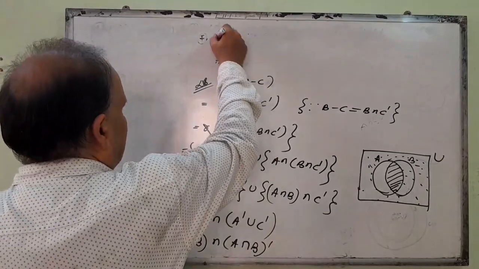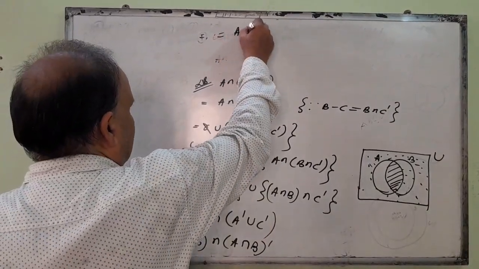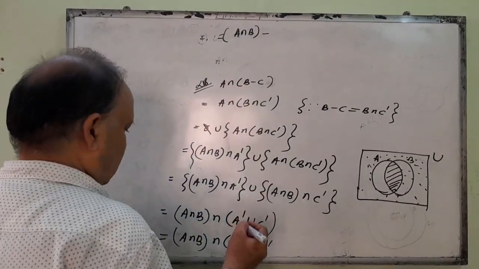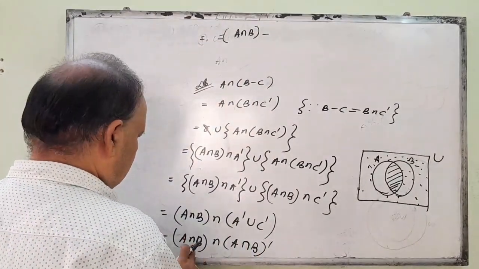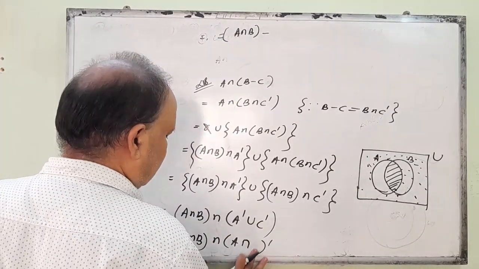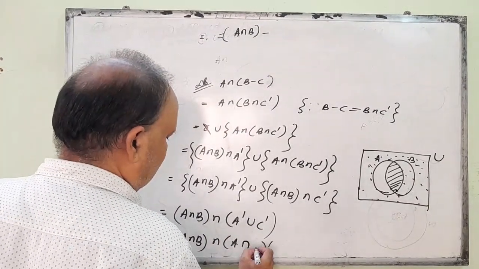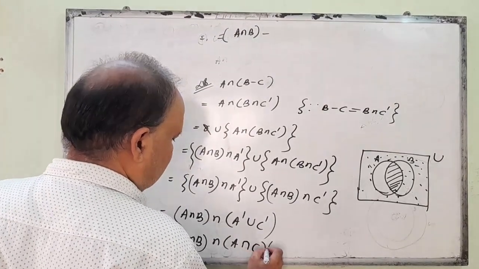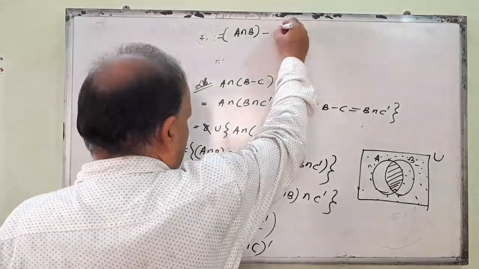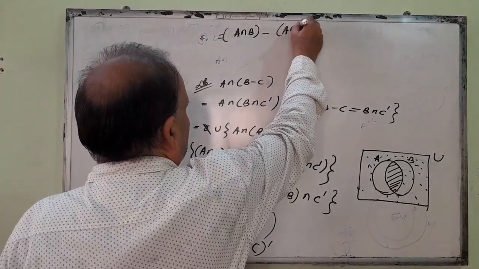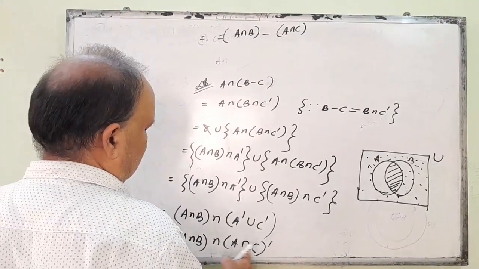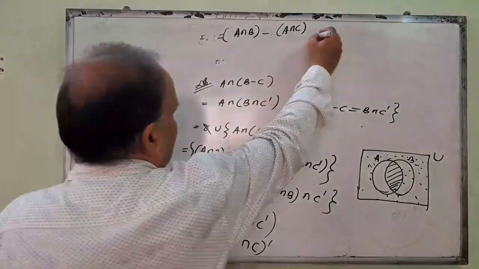That is equal to (A intersection B) minus (A intersection C), since A intersection C dash can be written with A intersection C.